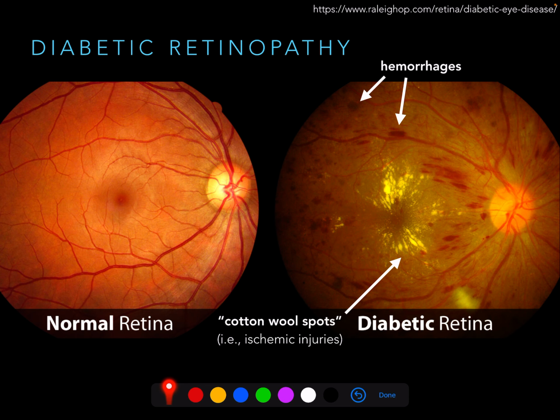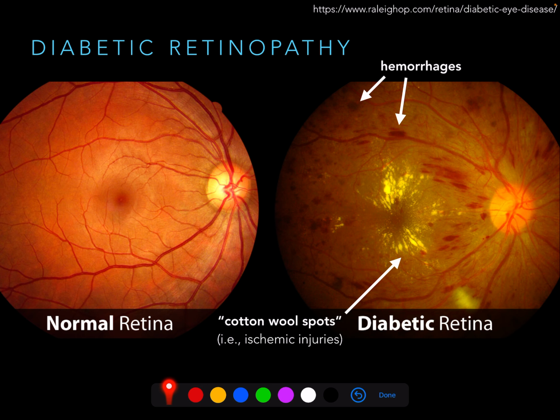Oh, and I mentioned head to toe. Speaking of the head, diabetic retinopathy is a thing. So not only do we see death of our neurons out there in peripheral nerves, heck, we see them in the retina too. Here's a normal retina. How beautiful. Over here, we've got a diabetic retina. Now, obviously, this looks a little bit worse. We can see signs of hemorrhages all over the place.